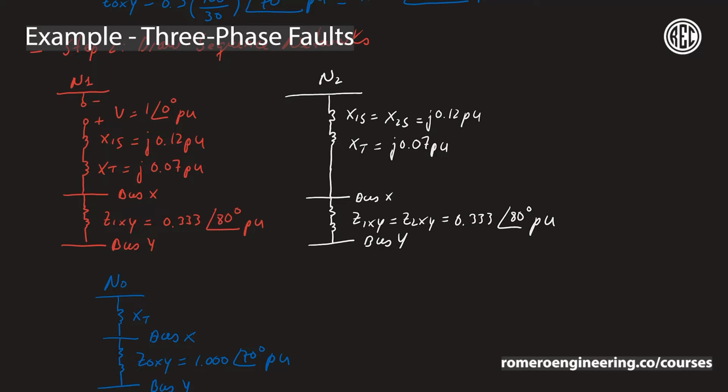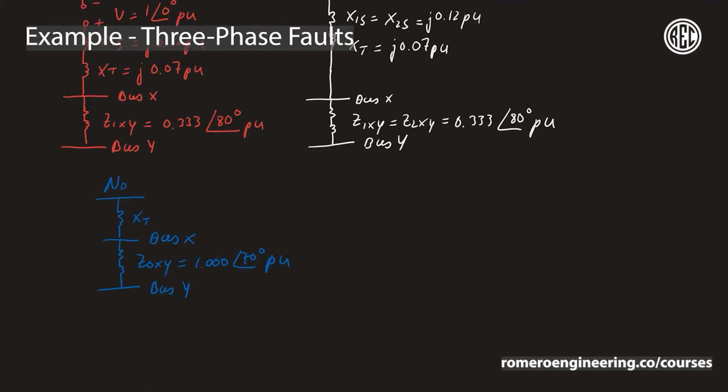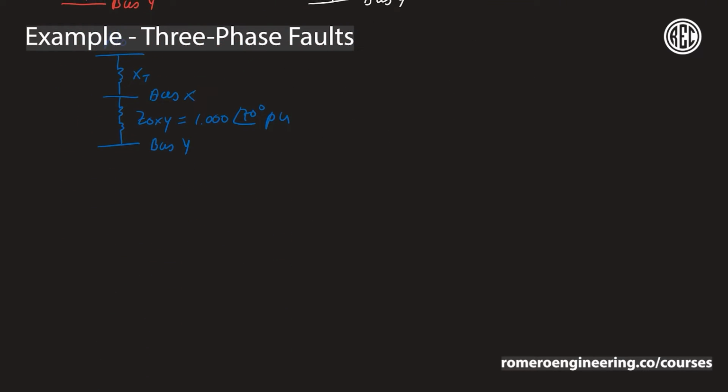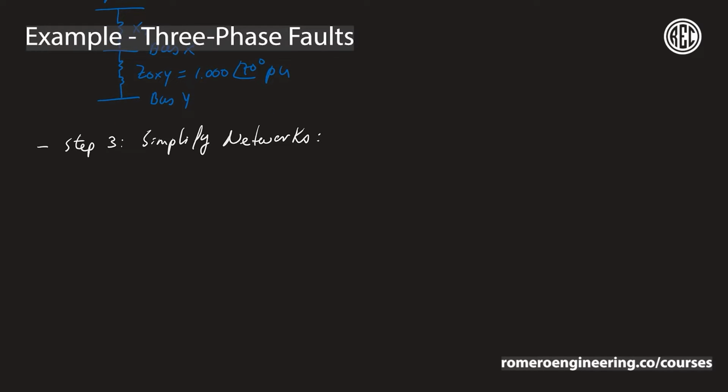So step 3 is to simplify the networks, such that they look like the following.